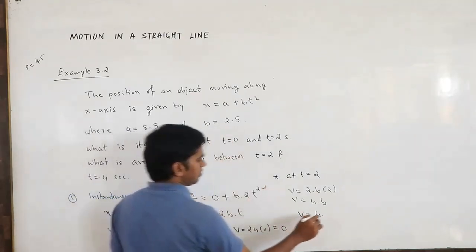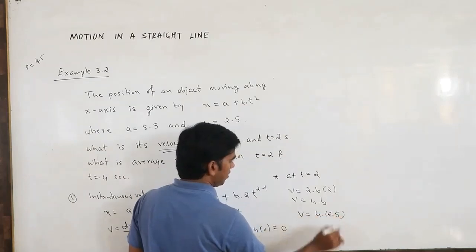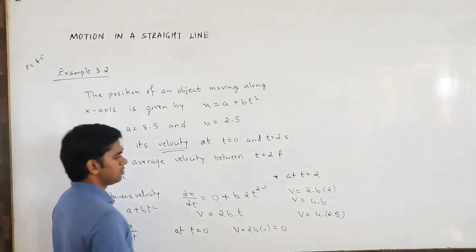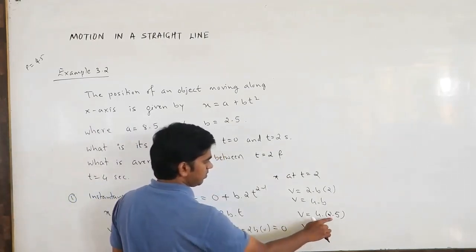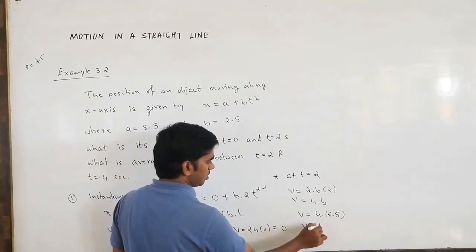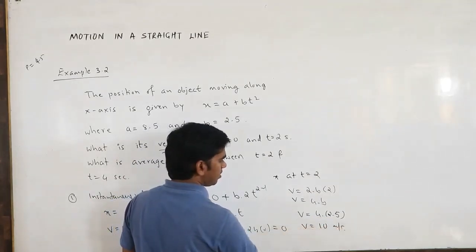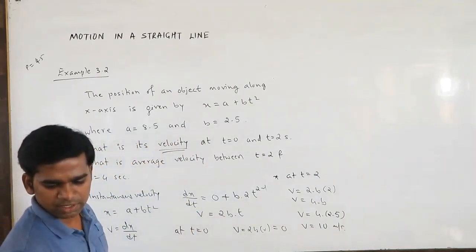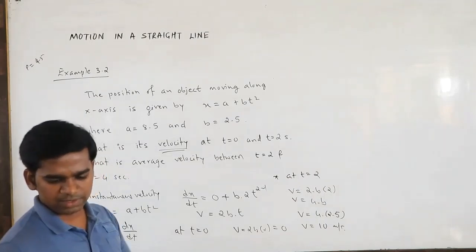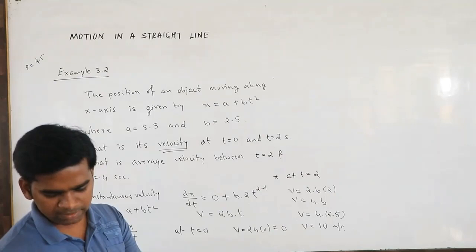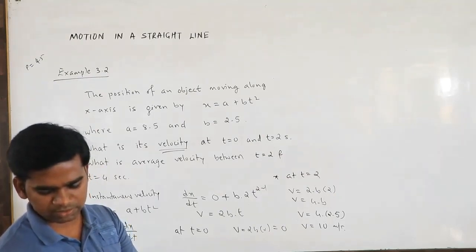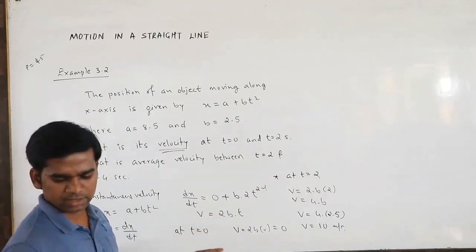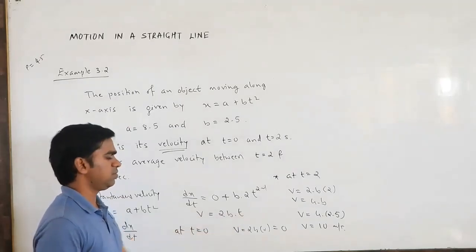B is 2.5, so you write it as 2.5 into 4, which becomes 10 meter per second. So this is the instantaneous velocity. In your textbook they have given it as 10 meter per second, and v equals 0. So this is how you can calculate. One is 0, another is 10 meter per second. That is what you got in your textbook.